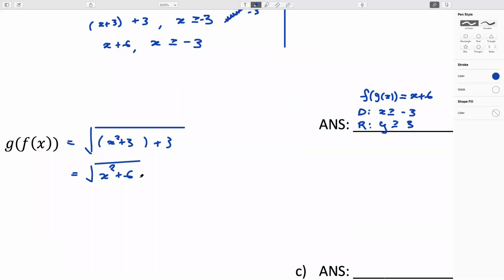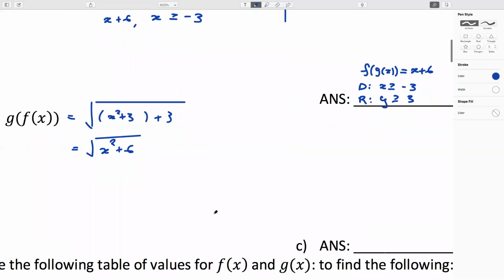Now, again, we probably know what this looks like. We don't need a graphing calculator, but we could use one. If we want to go ahead and sketch it by hand, this is square root of x squared plus 6. You know what, let's use Desmos for it. It's going to be a little bit easier.